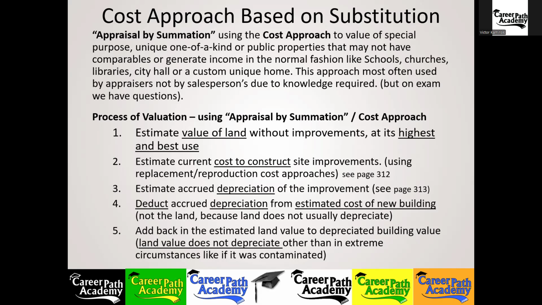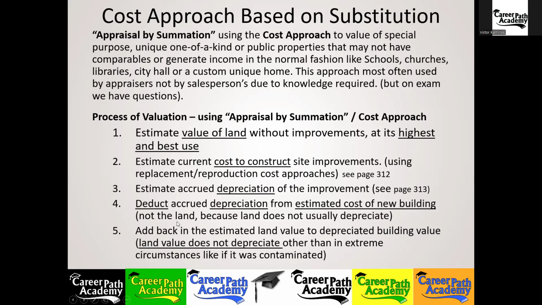And there are two types of depreciation that we'll focus on that we need to know for exams: external obsolescence and functional obsolescence. Then you deduct the accrued depreciation from the estimated cost of the new building.